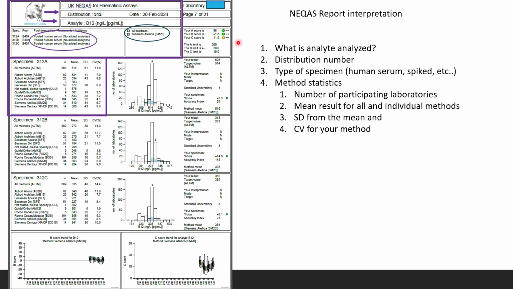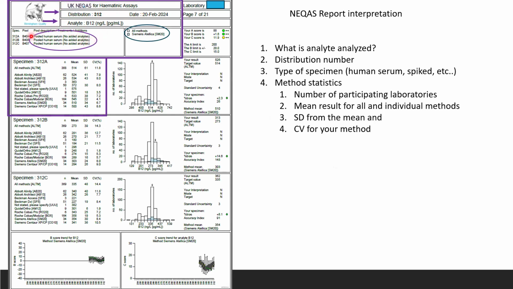So what do we see on this first page? I think the first thing, and I'll just go through the basics because I think it's relevant, is basically at the top, we will see what kind of assay an analyte is analyzed. And we'll see the number of distribution into which this analysis belongs, and then when was this done.